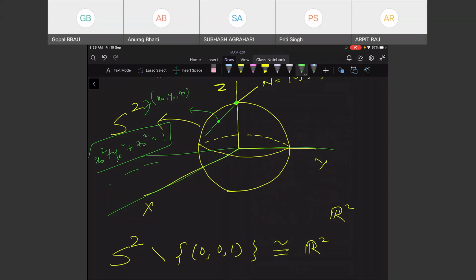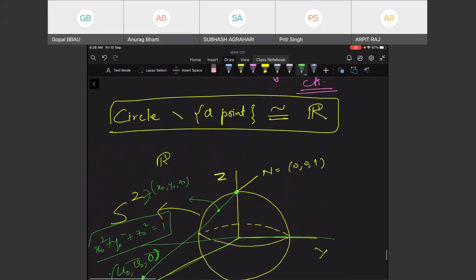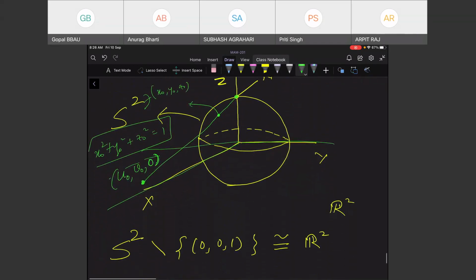You extend this line. It must hit the xy plane at a single point. Say this is u0, v0, and the last coordinate will be 0. So the idea is literally same. Please do it on your own.